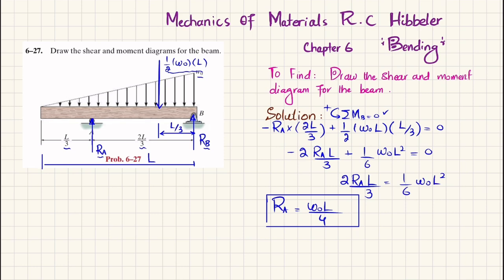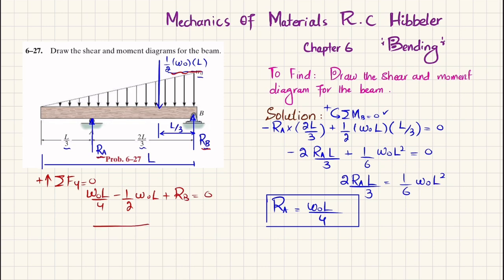Now we'll find RB by using the equation of equilibrium that the sum of all forces along the y direction must be equal to 0, with upward force taken as positive. RA and RB are upward, so RA is W0 L by 4 minus this force, which is 1/2 W0 into L, plus RB is equal to 0.